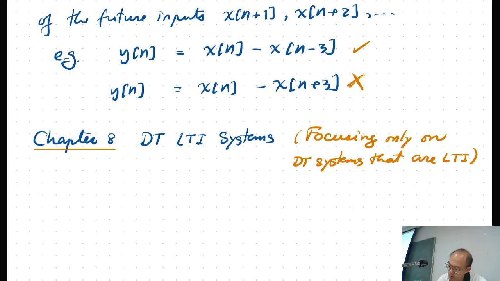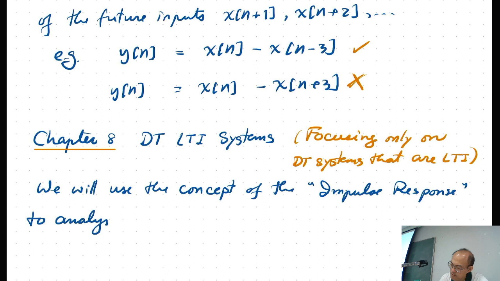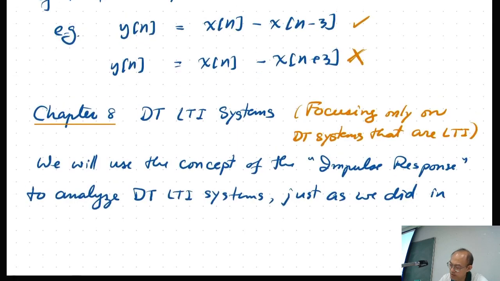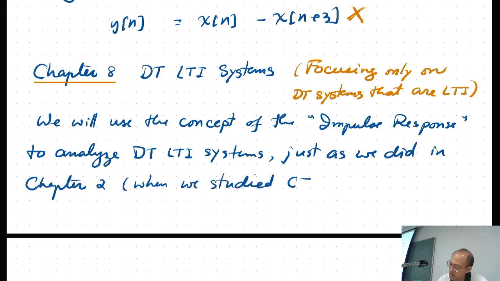So we will use the concept of the impulse response to analyze discrete time LTI systems, just as we did in chapter 2, when we studied continuous time LTI systems.